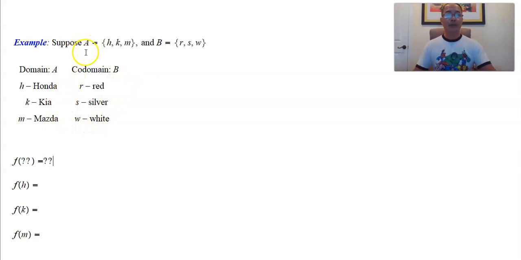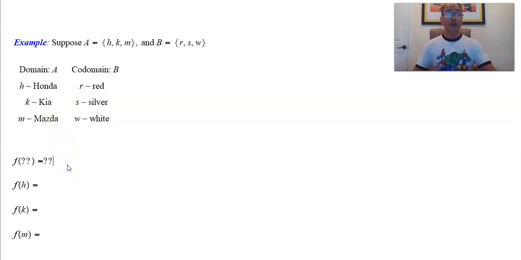Well, A will represent makes of cars. So H will stand for Honda, K for Kia, M for Mazda. The codomain B will represent colors. So R will be red, my favorite color, S silver, and W white. My very first car was a red Honda Civic. It was so much fun.